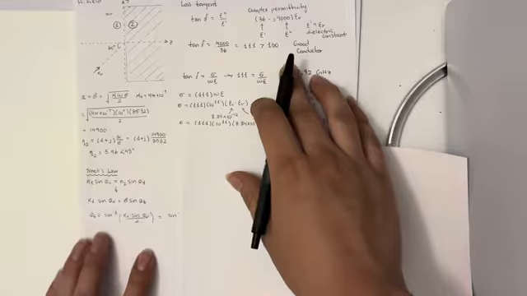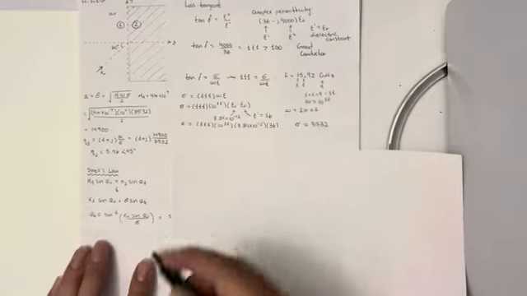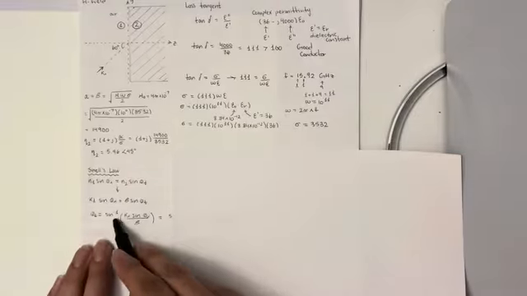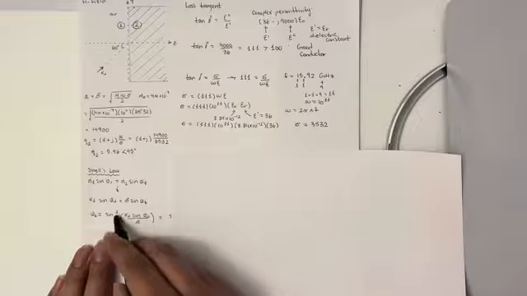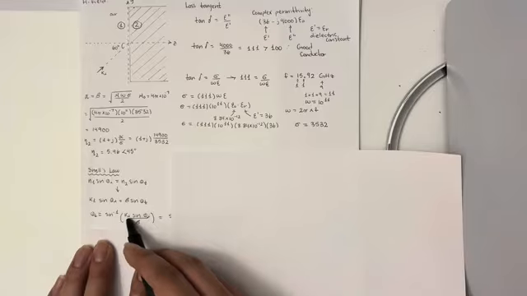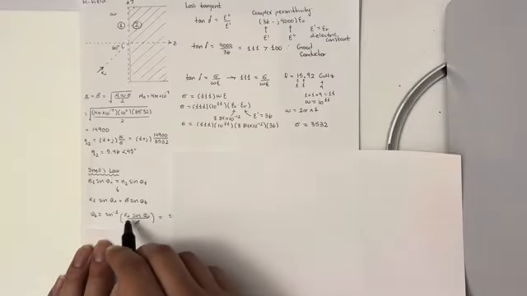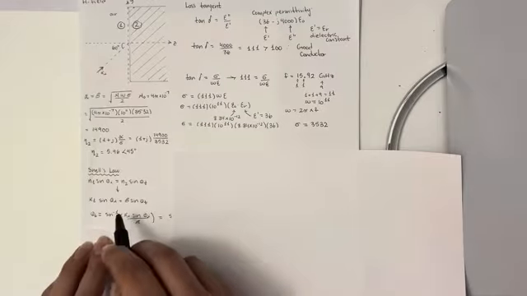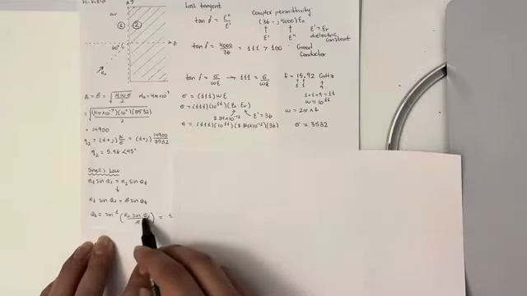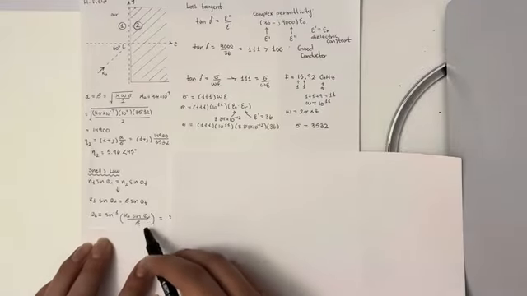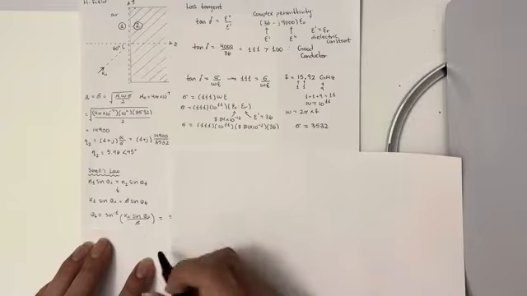And so, simplifying this, we get sine to the power of -1, or inverse of sine, of the magnitude of the wave number, or the wave vector, times sine theta incident all over beta.